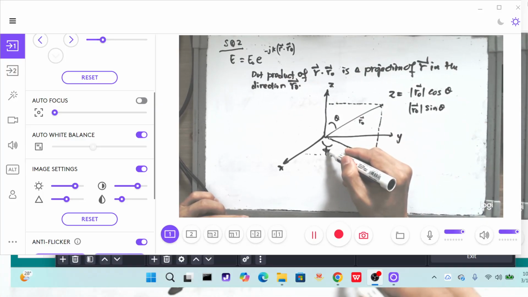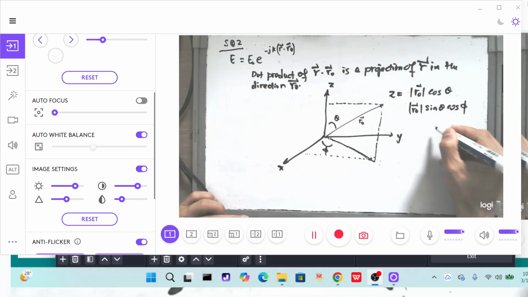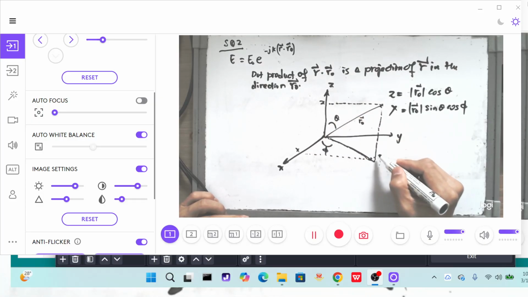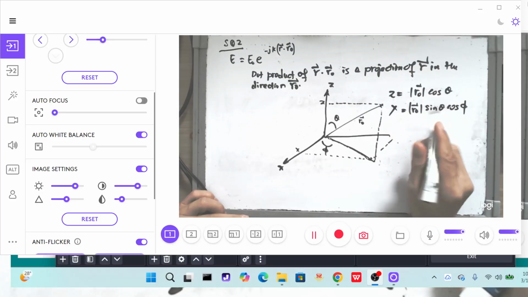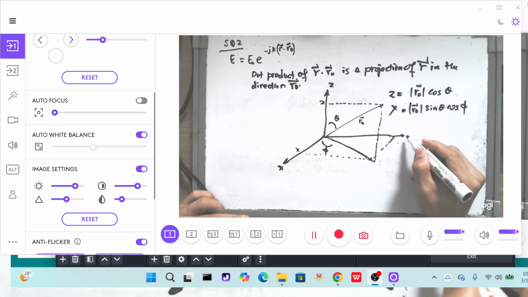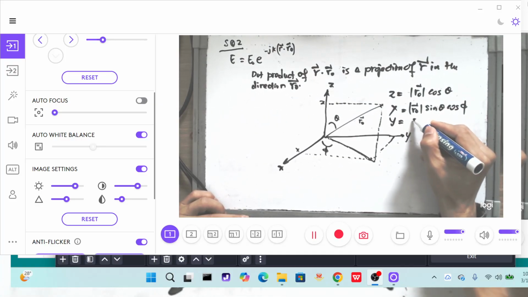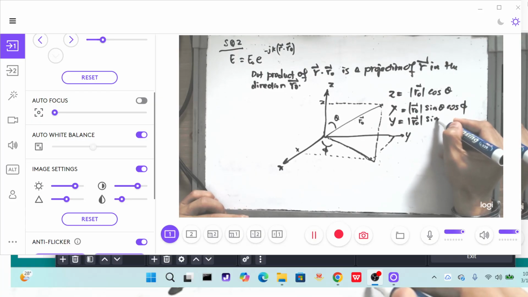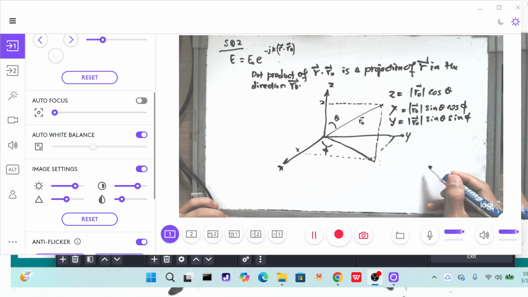Now what we can do is use cosine phi, and this becomes x. So x is done, z is done, and what is left is y, and y is R naught sine theta sine phi. So we get all three coordinates.